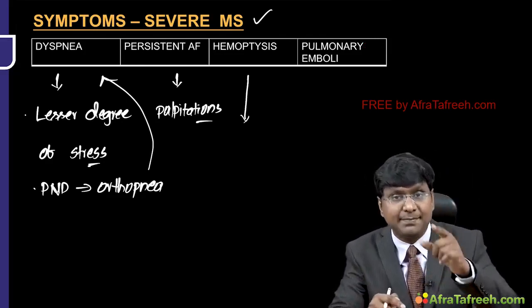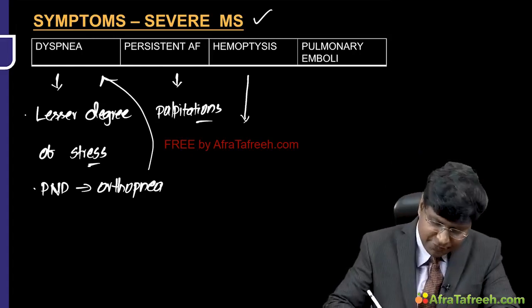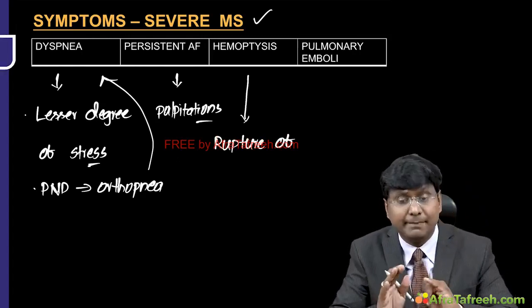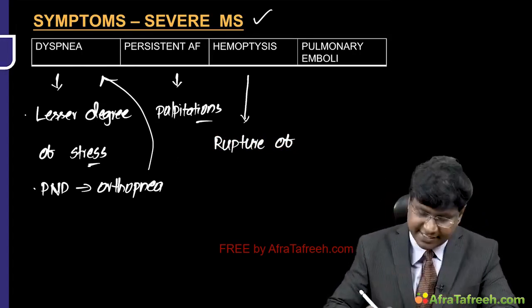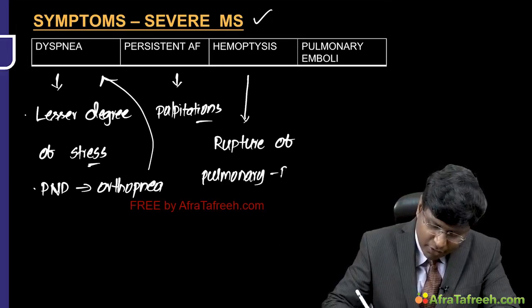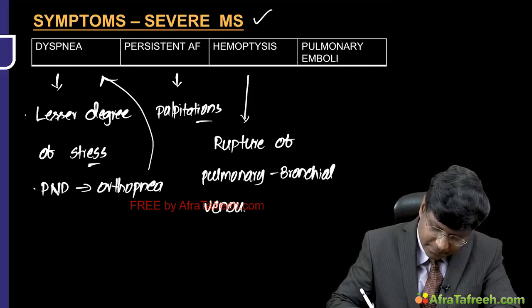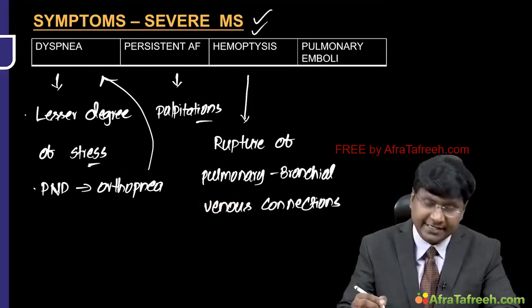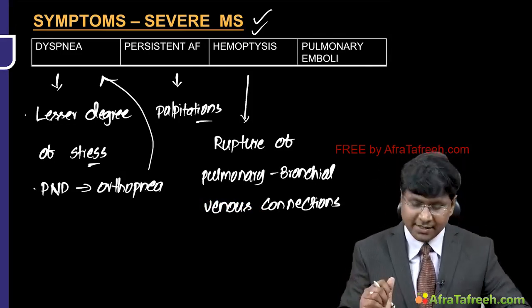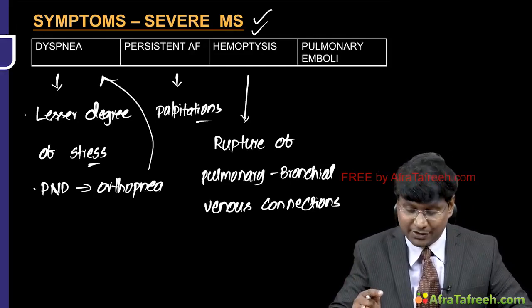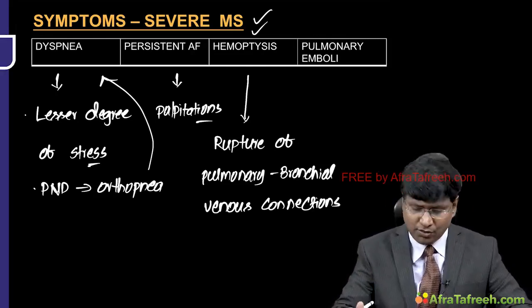Because of the increase in pulmonary capillary wedge pressure, there will be rupture of pulmonary bronchial venous connections, and that can make the individual develop hemoptysis.